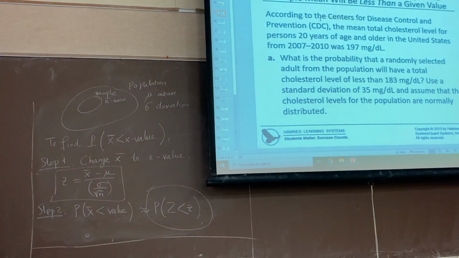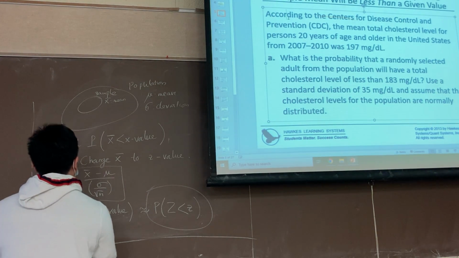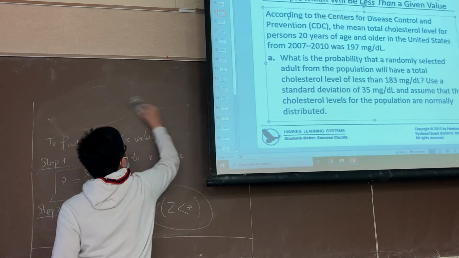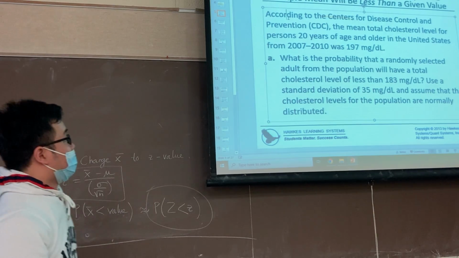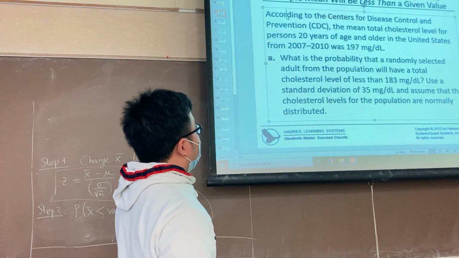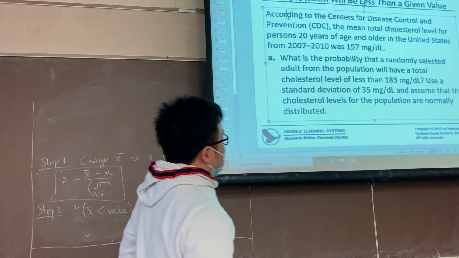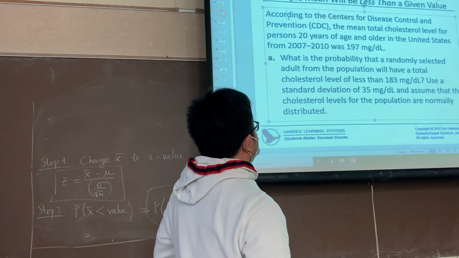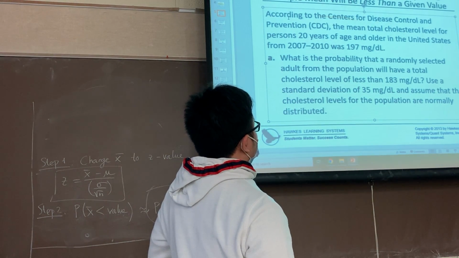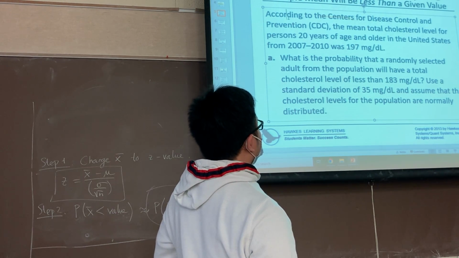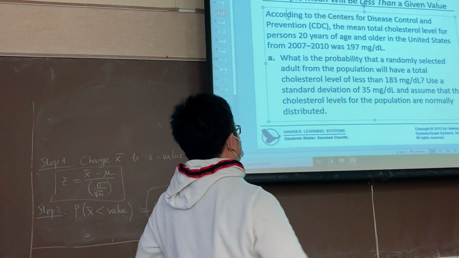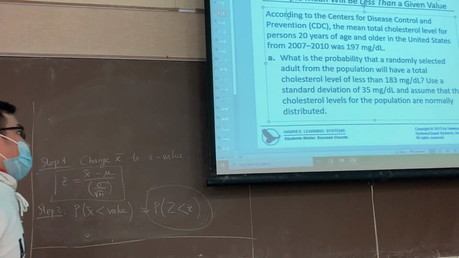Okay. So look at example 7.4. According to the Centers for Disease Control and Prevention, the mean total cholesterol level for a person 20 years of age and older in the United States was 197.